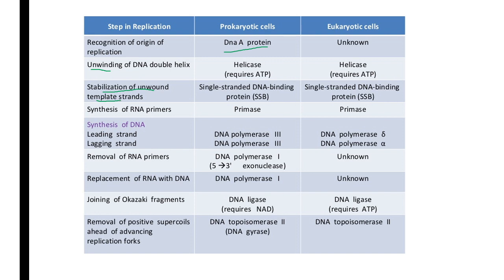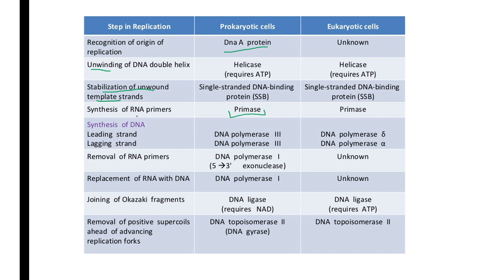We already discussed it in video 1, in the part 1 series, that is SSB protein. SSB protein helps in maintaining the single strand as such. It will not allow the single strands to base pair with each other. Then about the primase enzyme. Primase helps in adding new RNA primers.